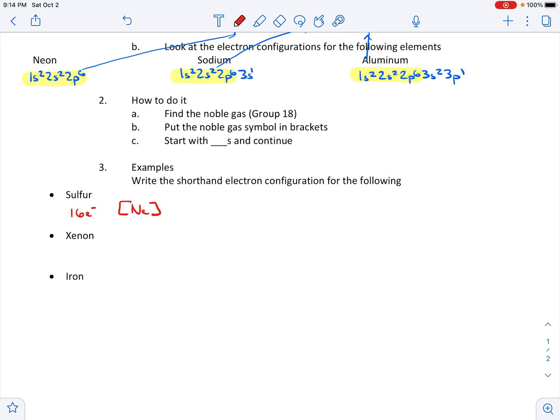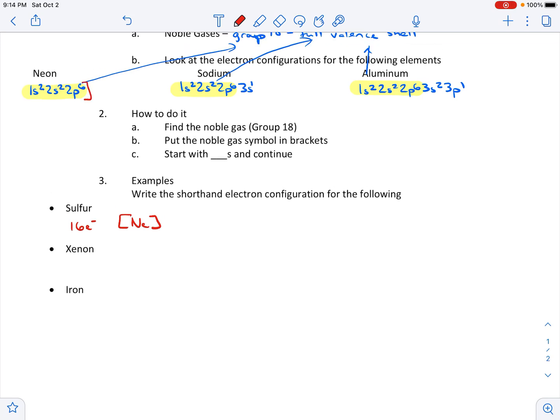That means we have 1s2, 2s2, 2p6 already taken care of, so we don't have to worry about that. So we start with the next row. Sulfur is in row 3, so we say 3s2. Neon's 10, and then we've added those 2 from the s, so we're now at 12. Then we keep rolling, and we've got 3p4.